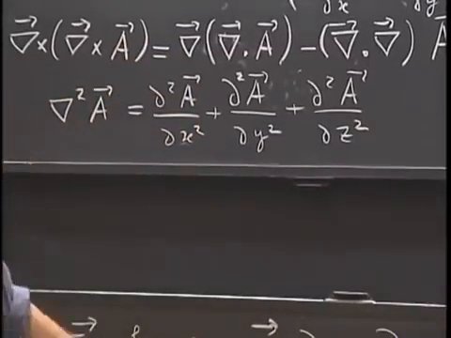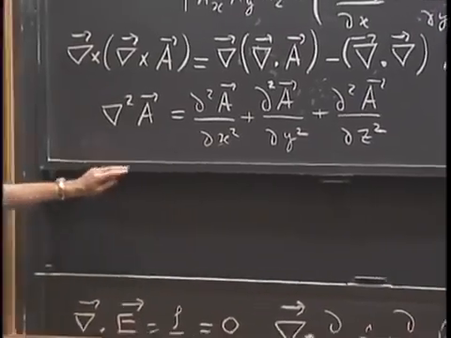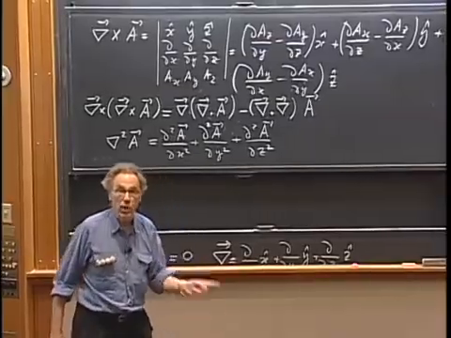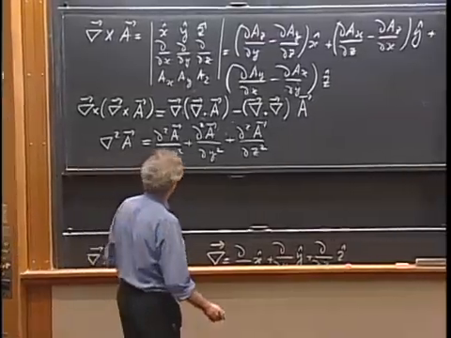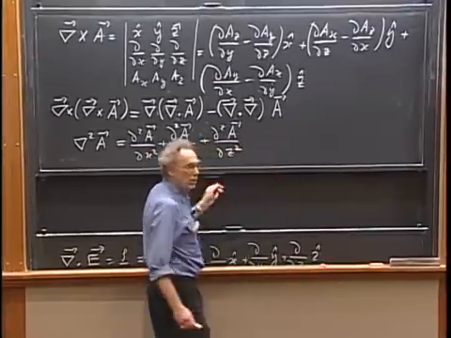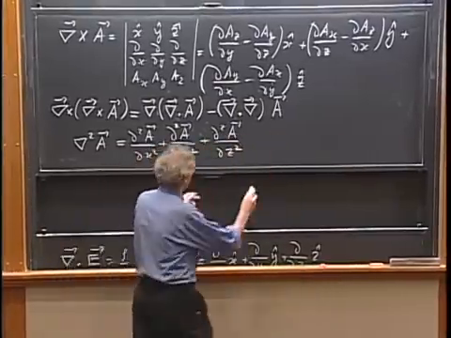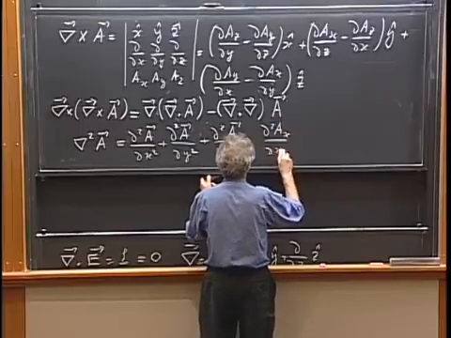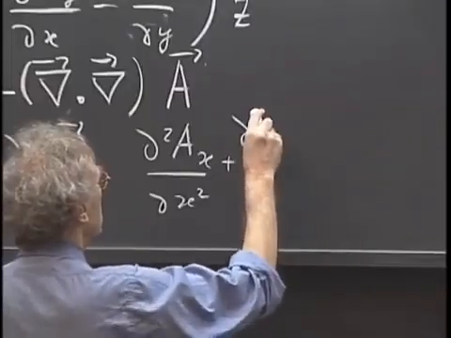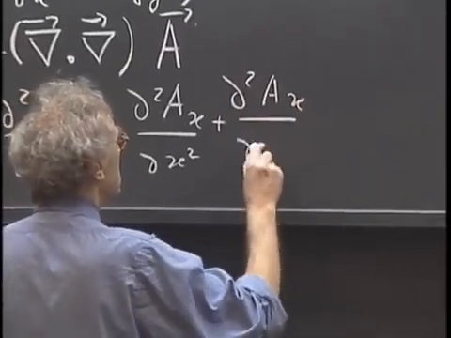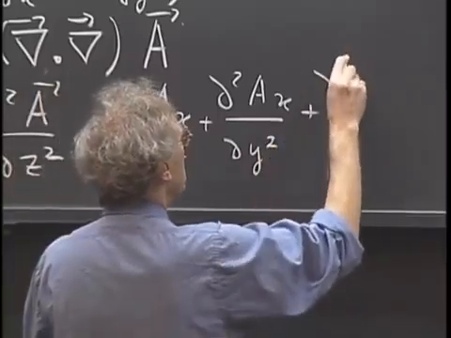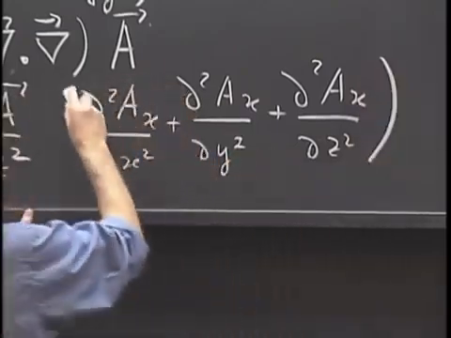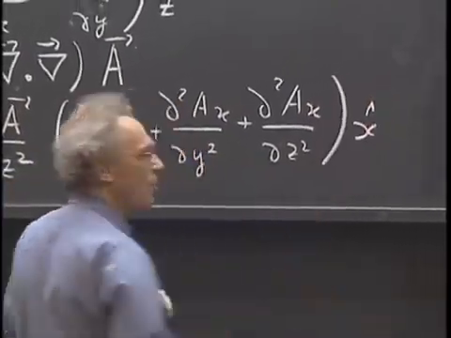And this has 9 terms. Because this has 3 terms, this has 3 terms, and this has 3 terms. I will do the first one, and then you have to do the others. So I will only do the component in the x direction, which then becomes d2ax dx squared, d2ax dy squared, plus d2ax dz squared, and that is then the component in the x direction.